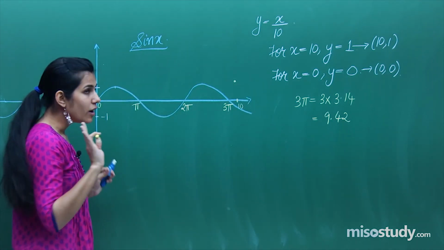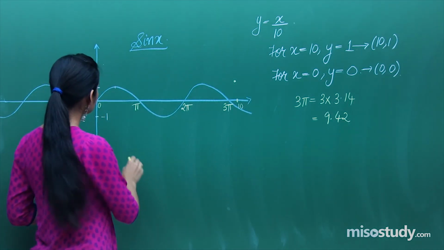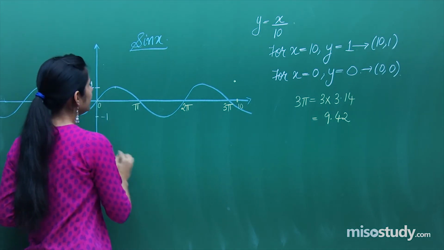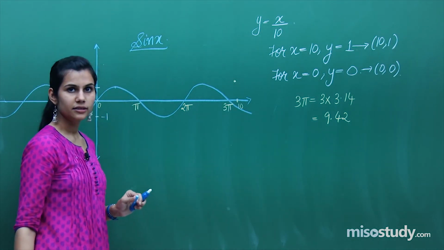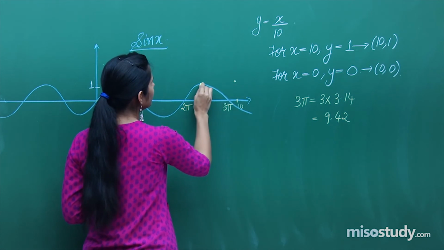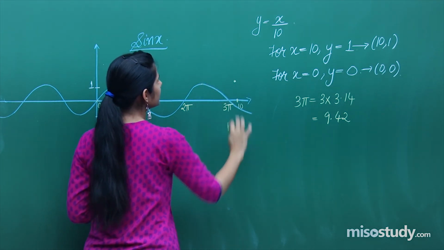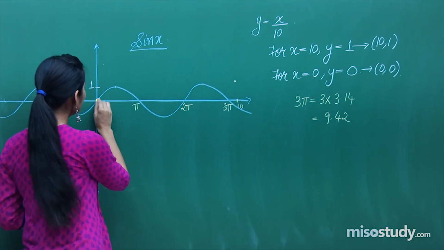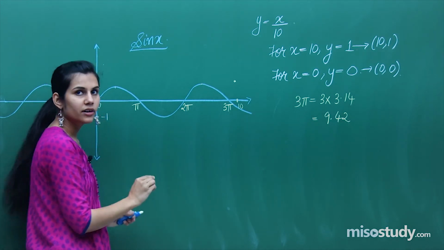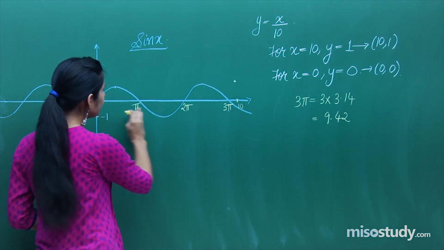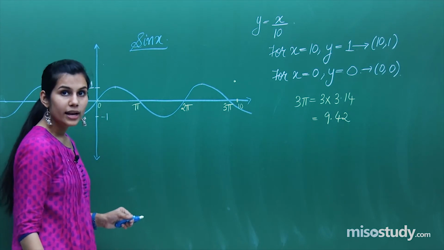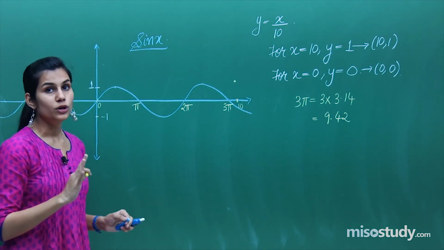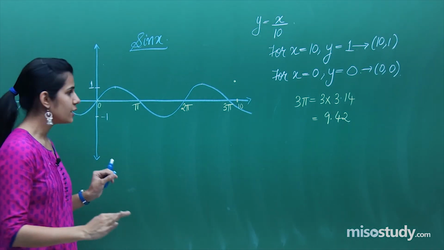Fine. Now understand carefully. This is one point on the line. This is another point on the line. This is the point where this elevation is the same as this height. But before that, never at any point before 10 will x by 10 be equal to 1. It will always be less than 1.